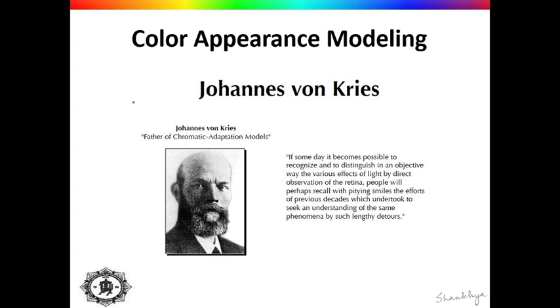Especially you need to consider the illumination under which you are observing these two particular colors, be it printed patches, be it on the screen, etc. Also, you need to consider what is known as the chromatic adaptation models.